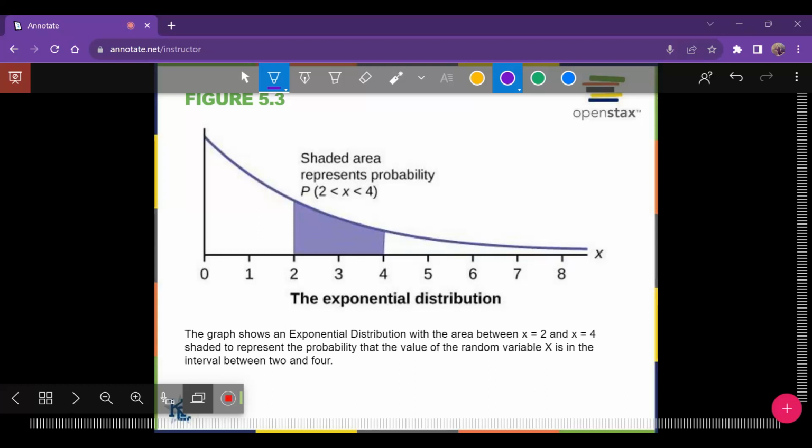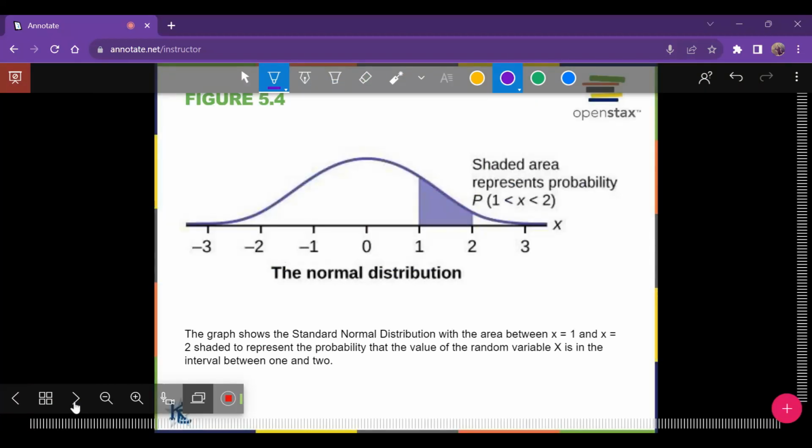We have exponential distribution, which is skewed, right? And we talked about the difference between skewed and uniform and all of those in previous sections. So you should be able to see that the exponential distribution is continuous, but it is skewed. So this is the normal distribution, which is the one we're going to focus on in chapter 6, and the one that we're actually going to do problems on.